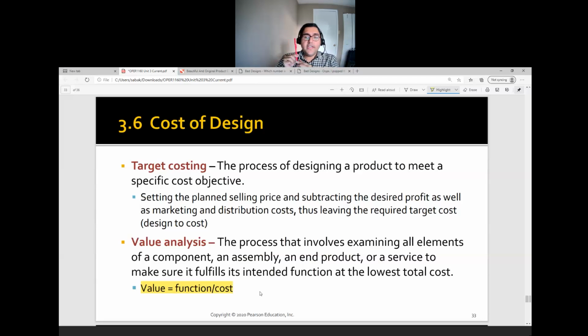But value analysis is slightly different. Think of this pen as an example. If I want to create a new pen, there are two ways of looking at this particular thing. I try to look at the function. My function is, let's say I am able to write, I am able to draw things on paper. Now, if I want to increase the value of this pen, assume that I bought this pen for $1.